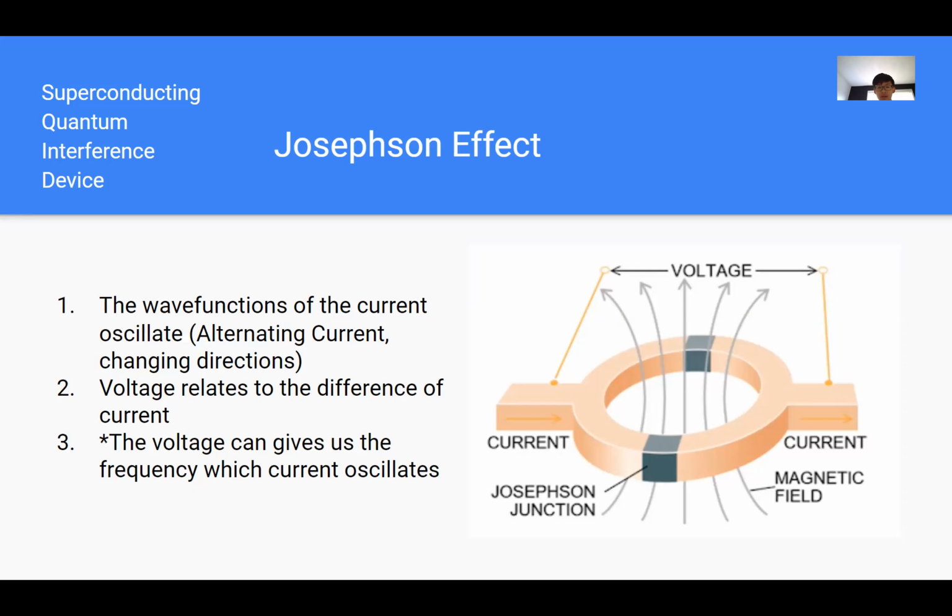Through complicated math, the voltage across the Josephson junction will give us the differences of these. If you don't know what currents or voltage are, it doesn't matter because we don't need to look at them precisely here. It's not like what we learn in AP Physics C anyway. We're basically looking at the quantum effects here, and what ends up is that voltage can give us the frequency with which the current oscillates.